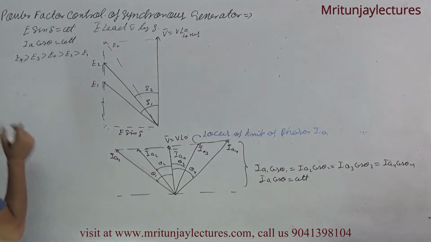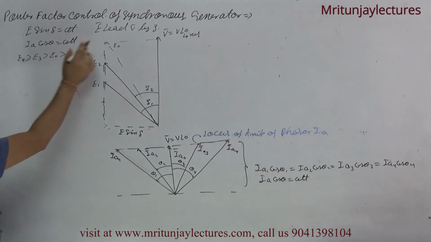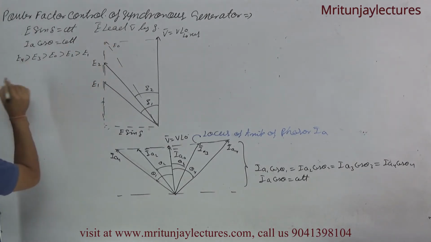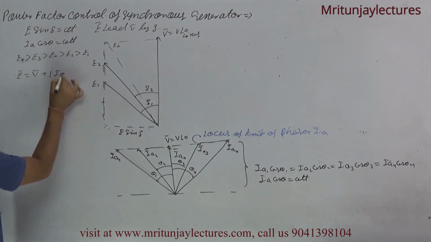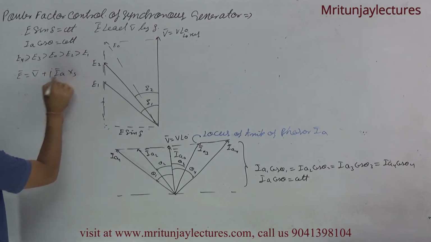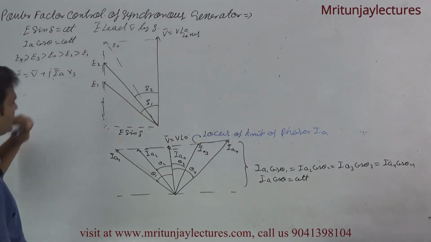Okay, how to draw the phasor? For a synchronous generator, E will be equal to V plus j Ia into Xs.